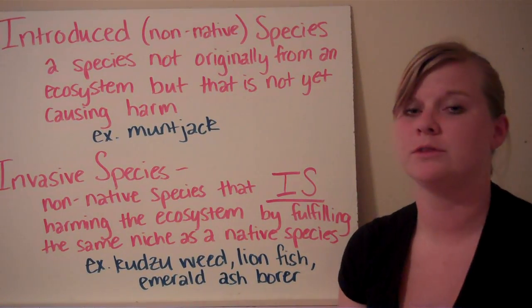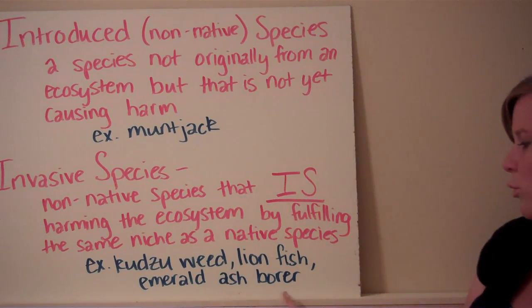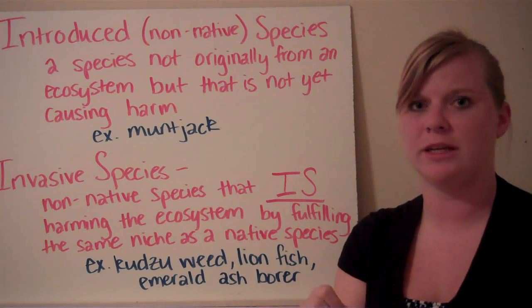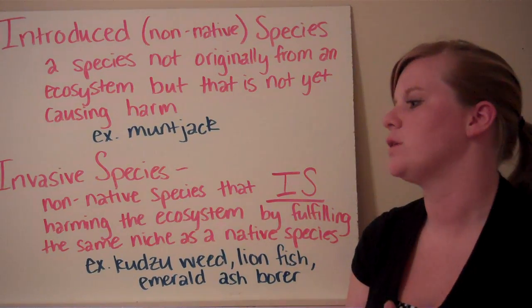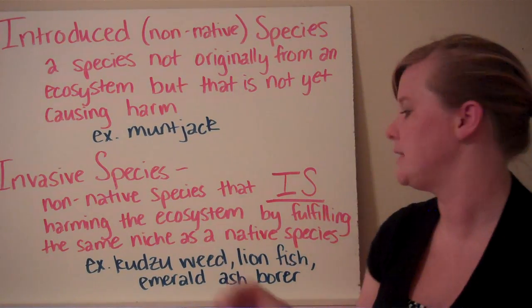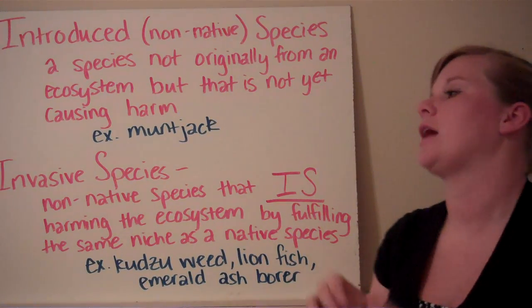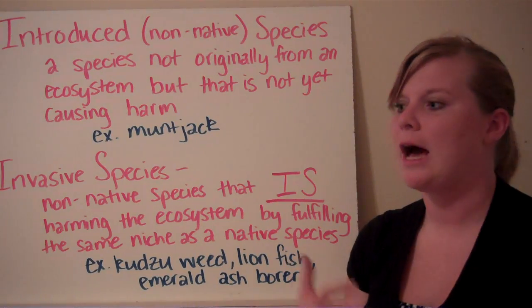Another big problem for North Carolina, talking more about plants than animal competition, is the emerald ash borer. The emerald ash borer is a little beetle, and this little beetle actually comes over in foreign firewood, of all things. So foreign furniture, foreign wood, it's going to bore into that and it's going to stay there. Emerald ash borers are actually killing North Carolina ash trees at a really alarming rate.